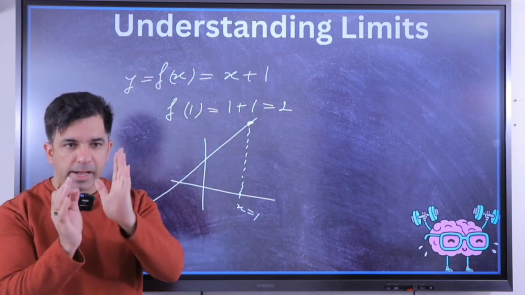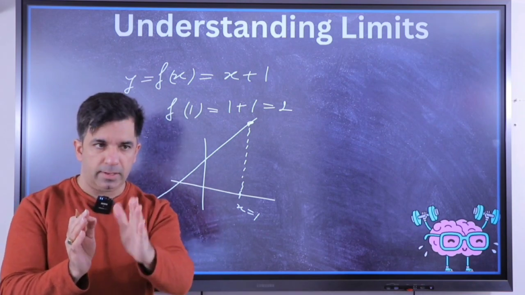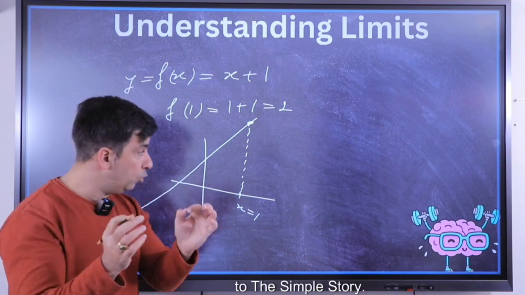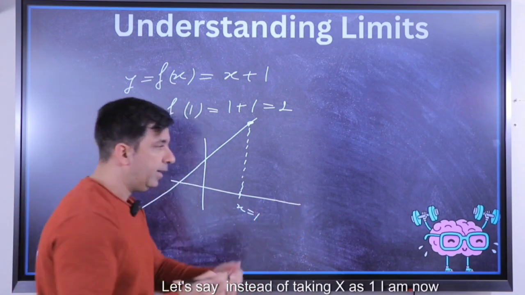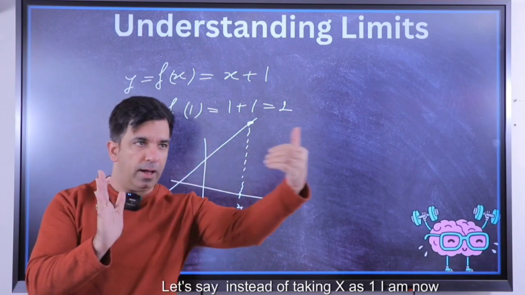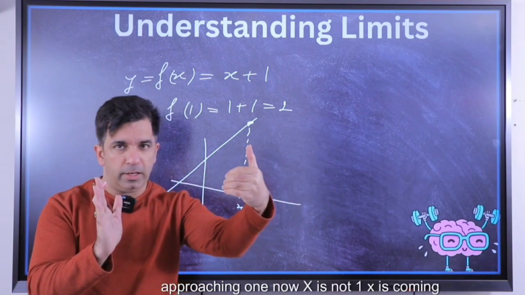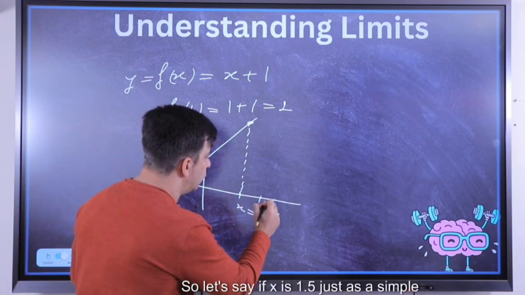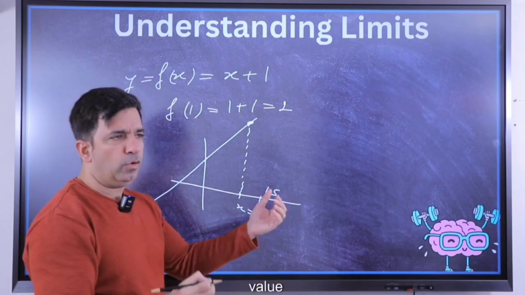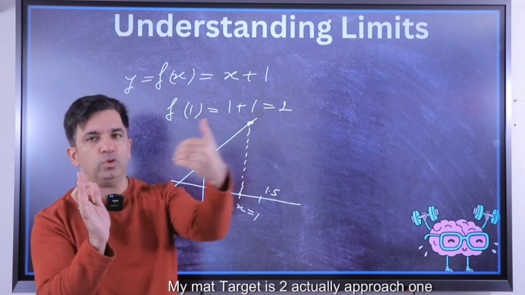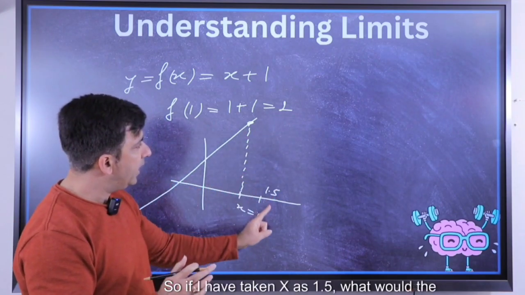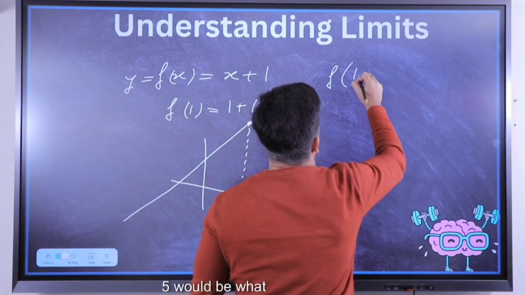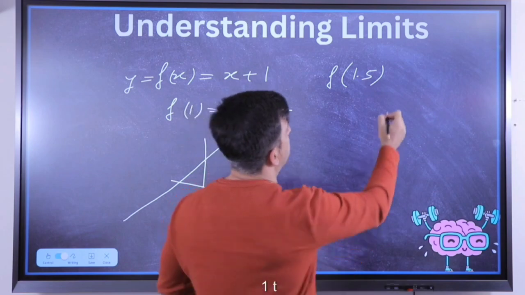Now instead of taking x as 1, just listen to this simple story. Let's say I am now approaching 1. Now x is not 1, x is coming close to 1. Let's say x is 1.5. My target is to approach 1 ultimately. So f of 1.5 would be 1.5 plus 1, that is 2.5.